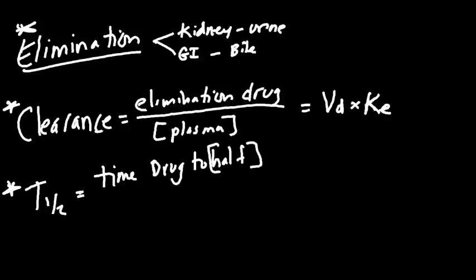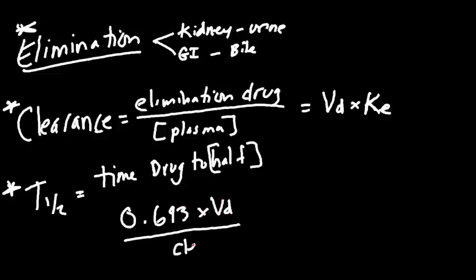Now our T half-life, we've got formulas. So it's going to be 0.693. Some people round it to 0.7. Depends on your professor. That's all I can say. So 0.7 times volume of distribution divided by clearance.